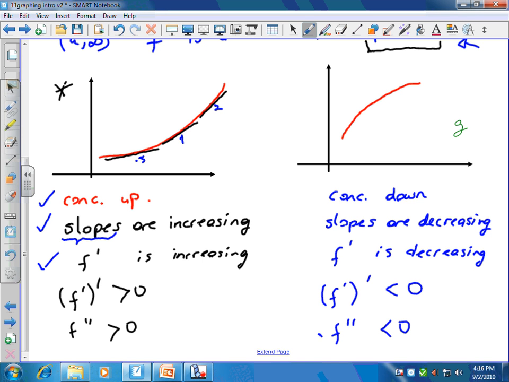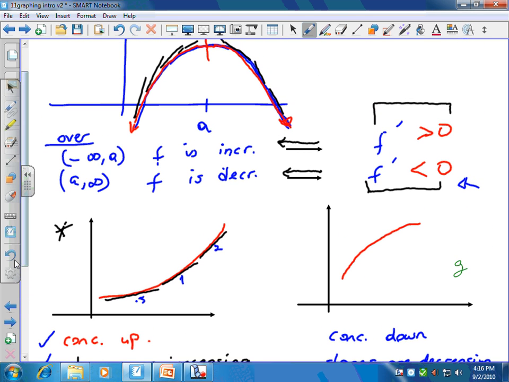And here's the tricky part. This is a little bit hard to follow, but pay really close attention if you can. If something is increasing, let's review what we did earlier. Something is increasing, like here, f was increasing. Then what happened to its derivative? Its derivative was positive, right?